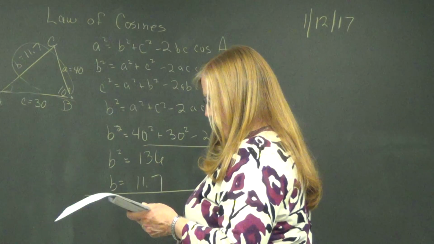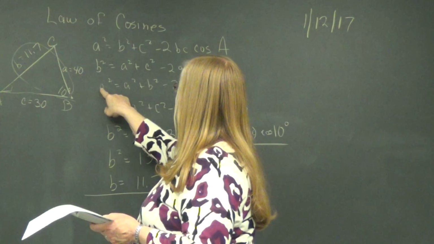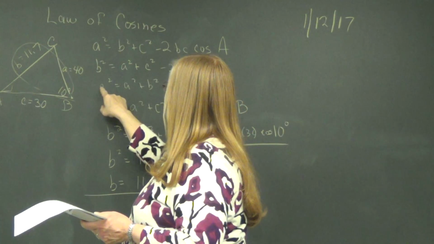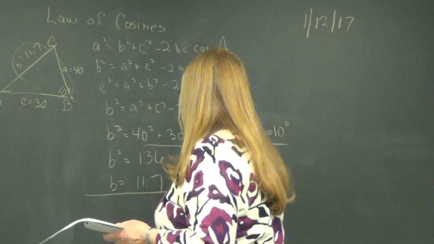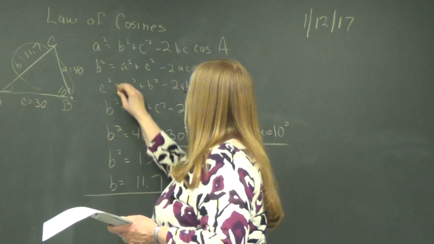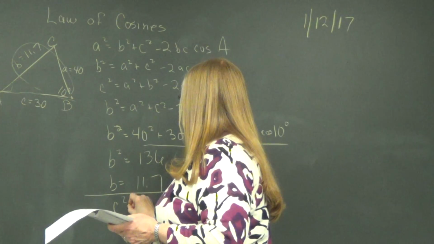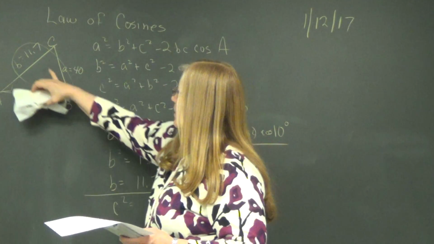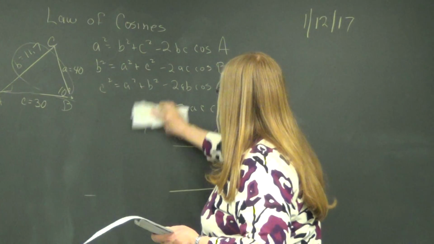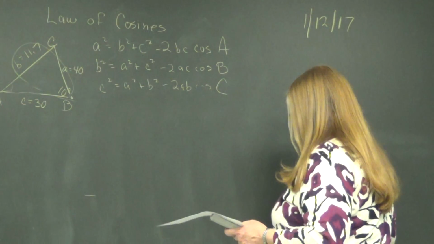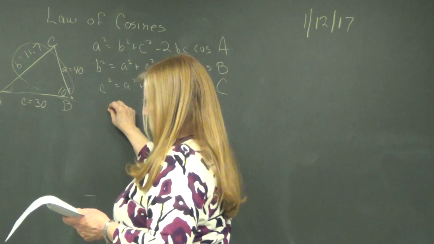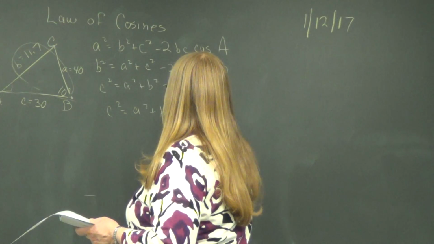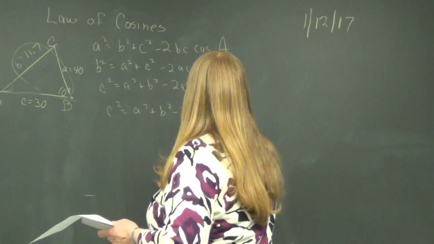I now know, I think I'll use this one, side C, doesn't matter exactly which one. So c squared equals, I'm going to erase this since I already put the 11.7 on my board, so I don't want to go out of the screen. So I'm going to do c squared equals a squared plus b squared minus 2ab cosine c.